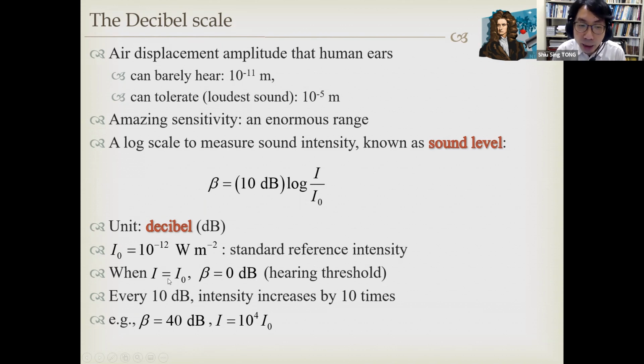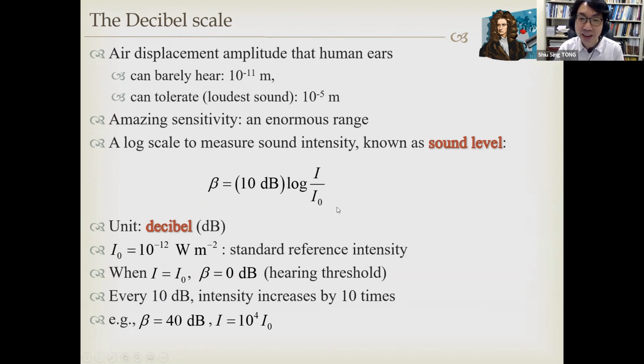Now, when I is equal to I naught, that's the hearing threshold. You just can hear a sound. This is the threshold below which you cannot hear. And that corresponds to 0 decibel. And because this is a log scale, if you have a 10 decibel increase in a sound wave, for every 10 decibel increase, the intensity increases by 10 times.